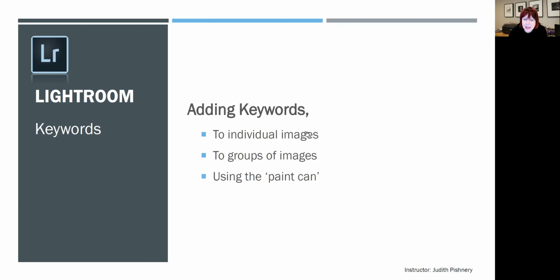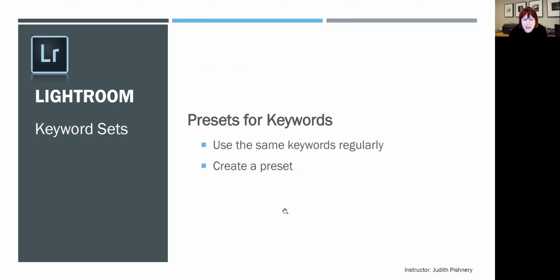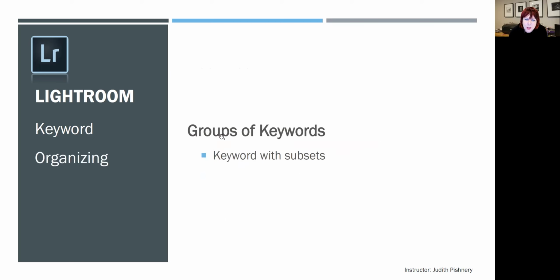So you can add to individual images, groups of images, and you can also use the paint can, which I find a little annoying in Lightroom, but it does allow you to kind of spray paint keywords onto some images. You can also create presets for some of the keywords that you might use regularly, and that will help you add keywords to a bunch of images.